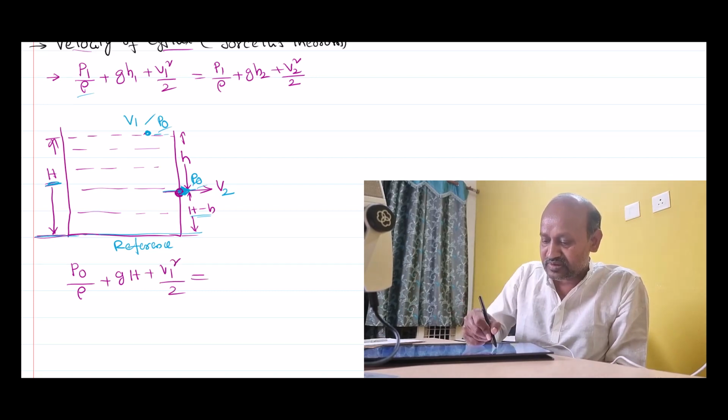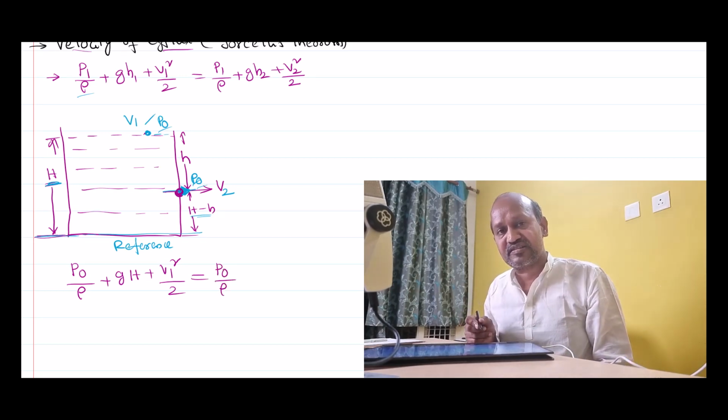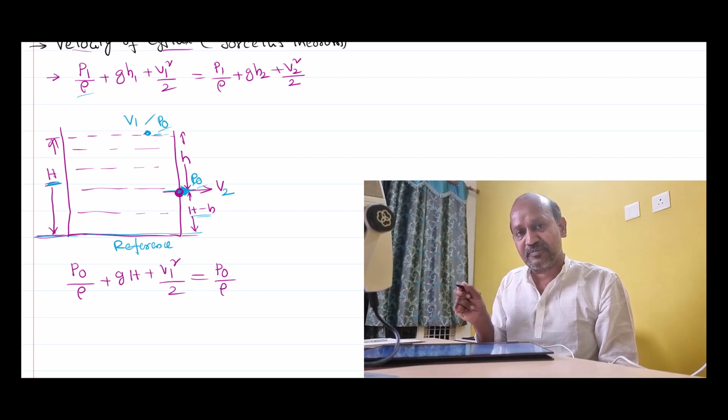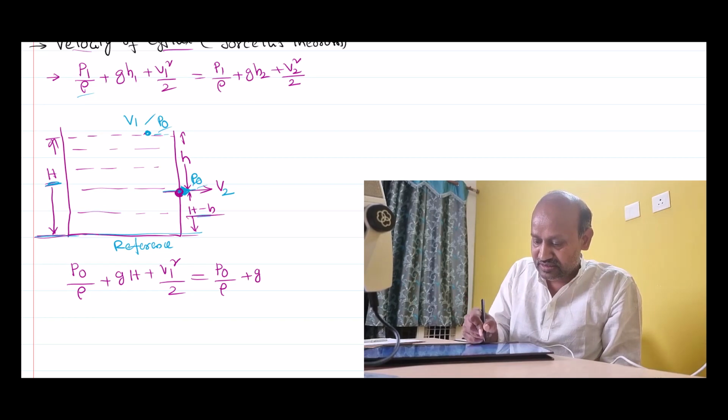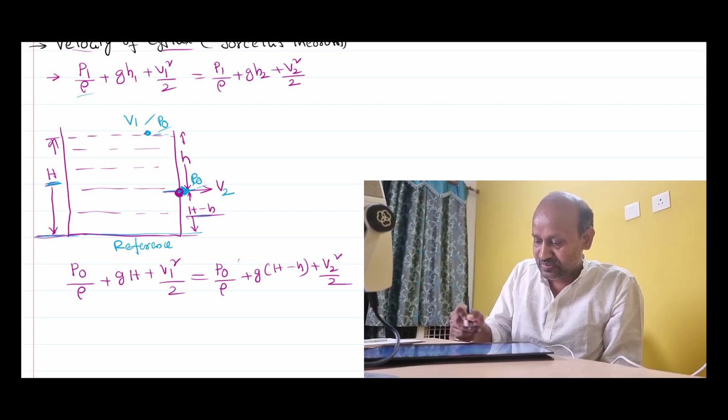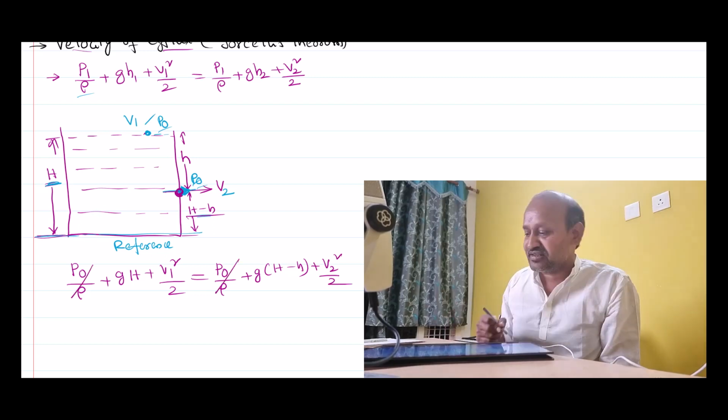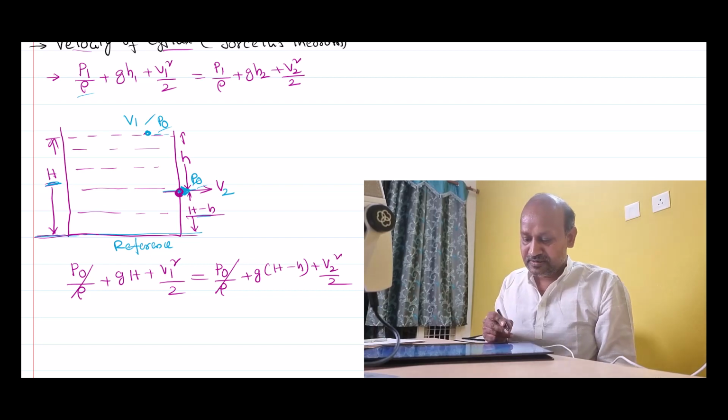Now let's come to this second point. Here also, the exit point we are talking about is not a point inside the vessel, it is a point that came out of the vessel. So P naught by rho plus g times the height H minus h, plus v2 square by 2. So P naught by rho will be cancelled at both these points.